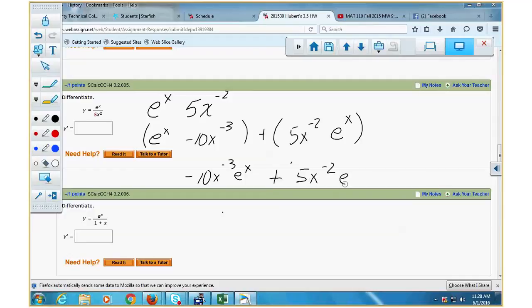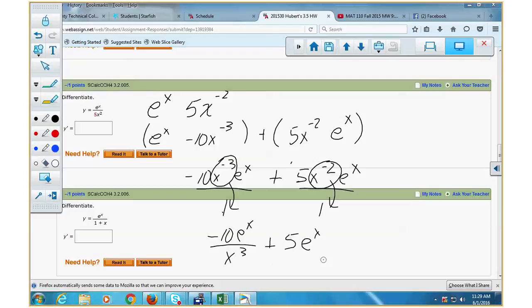Well, first thing I'm going to do is get rid of those x to the -3 and x to the -2. So I'm going to bring that down. I'm going to bring this down. I'm going to bring this down. And that's going to give me -10 e to the x over x to the third plus 5 e to the x over x squared.